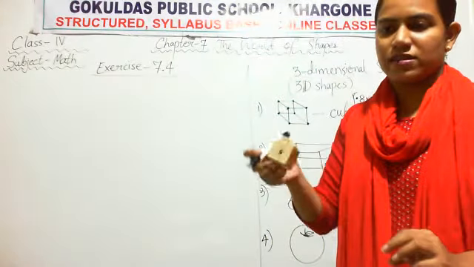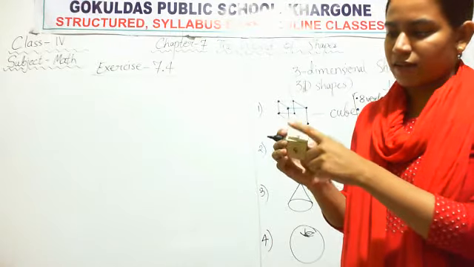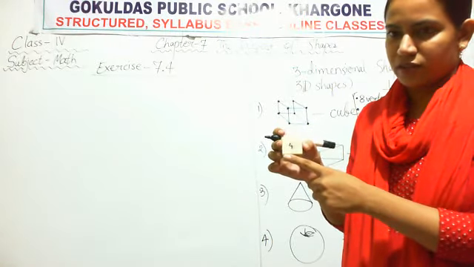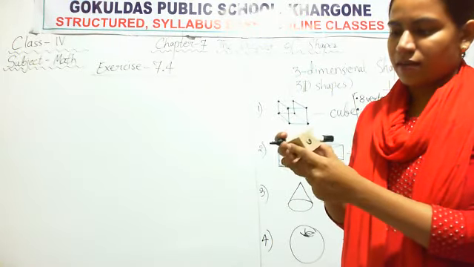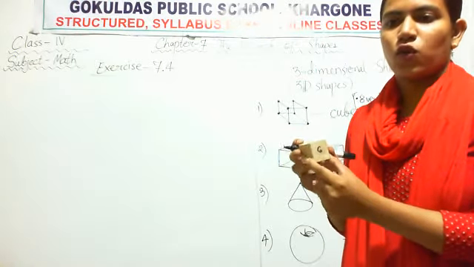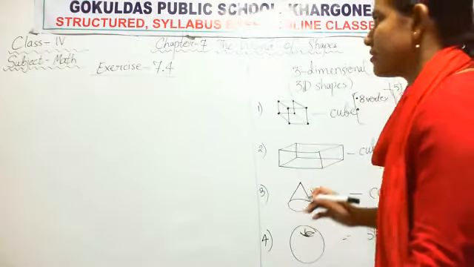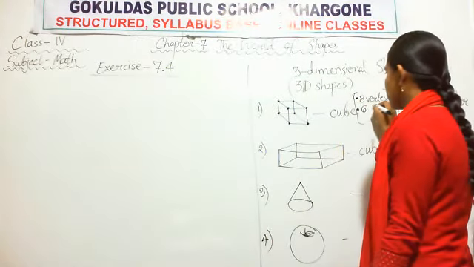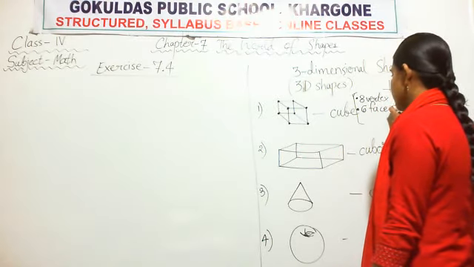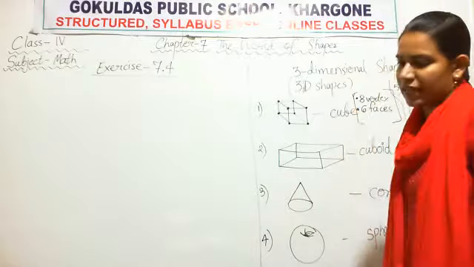Now no surface is left. So this cube has 6 flat surfaces or 6 faces. I showed you 6 faces it has. 8 vertices it has.